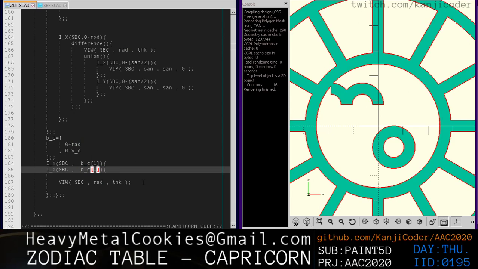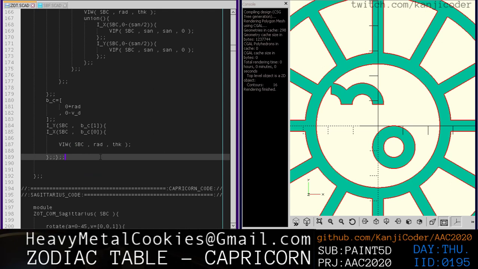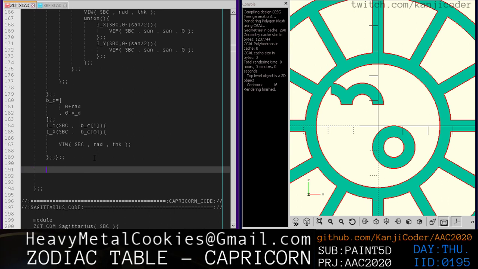Okay. So now that we have that, it's a little bit easier to just kind of put a point here, 45 degrees that way, and 90 degrees up that way, right, to get it to where we need it to be. So let's do that. Let's take a V-carve inch line, right, SBC, and then we're going to say the thickness, and then we want to start off with 2 points.